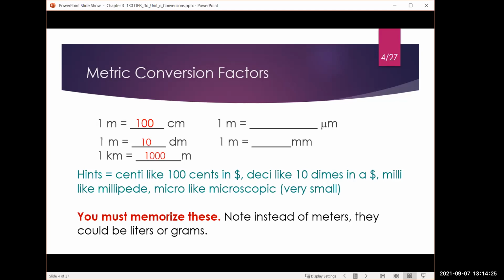In 1 kilometer, there are 1,000 meters. And there are 1,000,000 micrometers in a meter and 1,000 millimeters in a meter. Okay. And there's a little hint for cent: there's 100 cents in a dollar, 10 dimes in a dollar. Okay. So on and so forth.